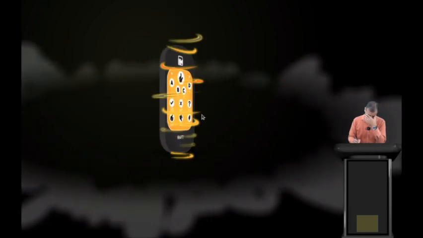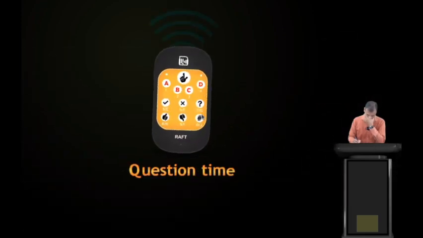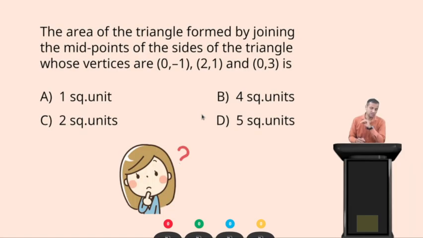Okay students, now again question time. So give the answer. The area of triangle formed by joining the midpoints of the sides is, and your time starts now. You have to find the area of triangle which is formed by joining the midpoints of the sides.